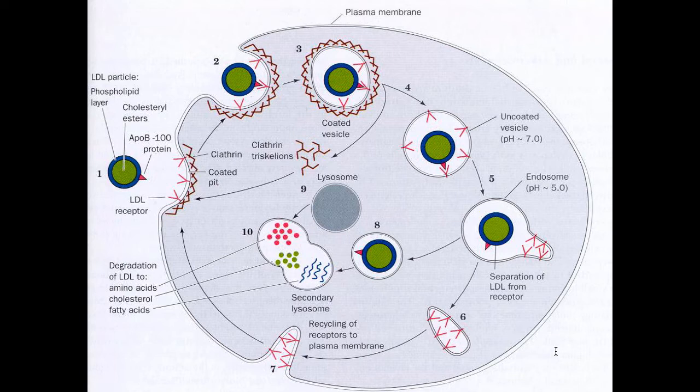So in other words, they're reused. All right? They sit on the cell surface, bind LDL, and are involved in endocytosis. They're separated using the change in acidity, and now they go back to the membrane and do that again. They can cycle through that.